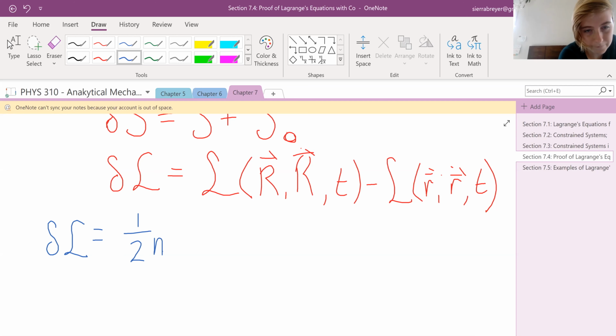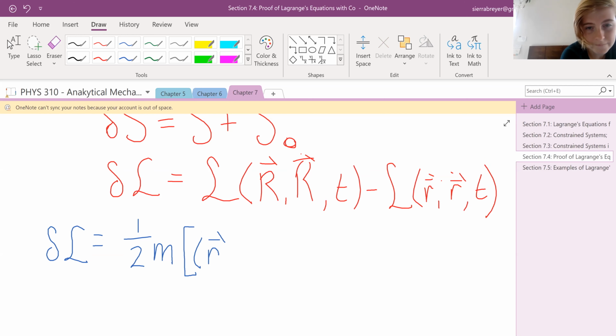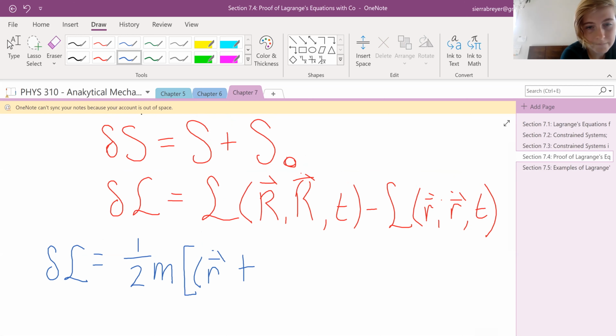So it's going to be m times, now we're going to plug in values for the big R. That's R V right there.